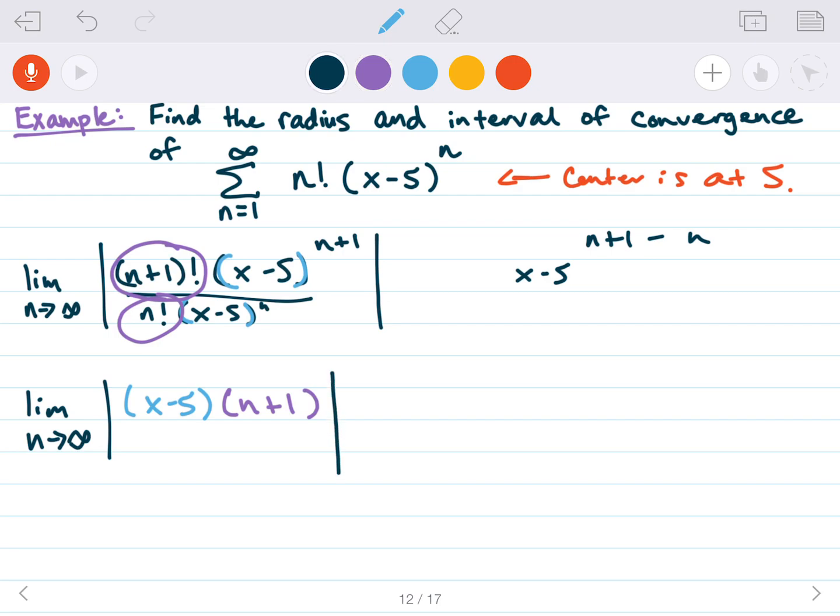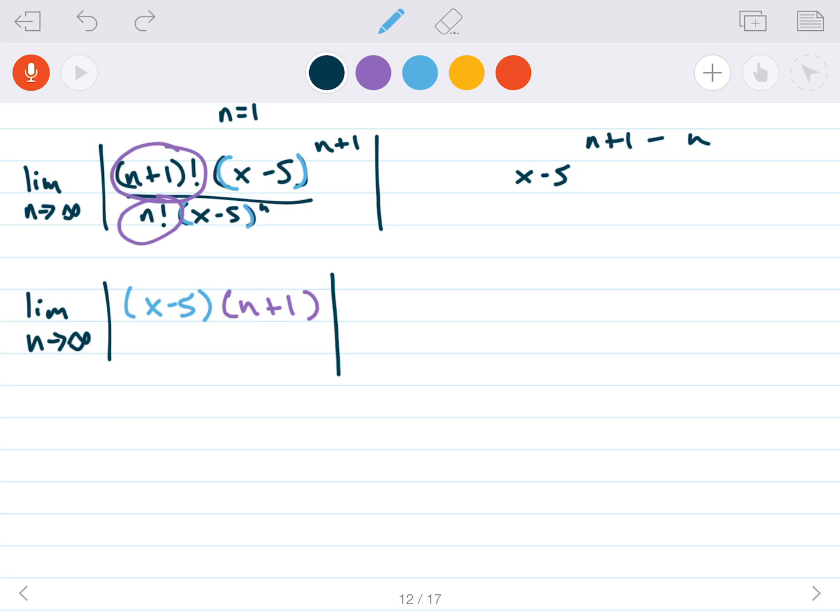Okay, so here we are at this point, and the question is, what can I do? Well, remember, I can't divorce the absolute value bar from the x term. So I'm going to pull out this x minus 5 in the front. And I can pull out the n plus 1, because, again, that n is going to be positive, and this clearly goes to infinity, right?